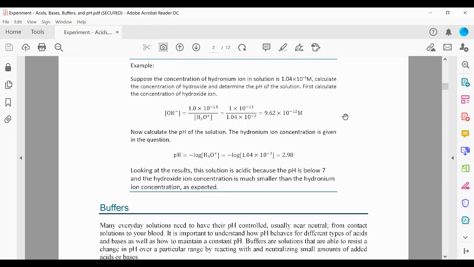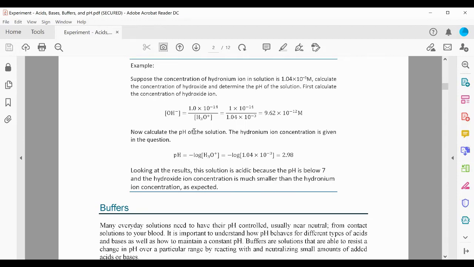So what is the first thing that they are showing us to do? It's important to know that the KW will always work, and it's a constant.